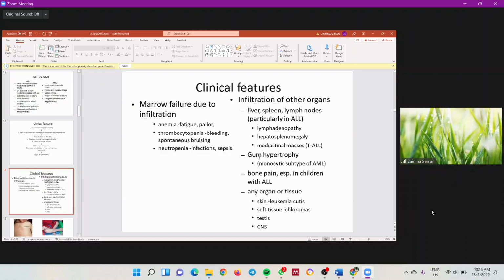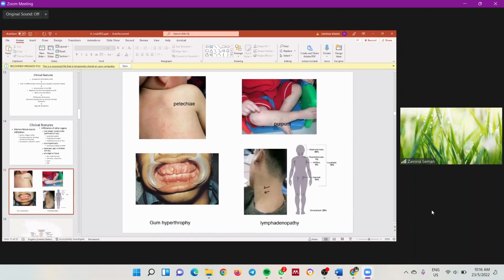The blood cells also can go to the gum and give rise to gum hypertrophy. These features are common in a subtype of AML, M4 or M5 subtypes. It also can go to the bone, especially in children, or any other organ. These blood cells are very notorious, meaning they can go anywhere and everywhere.